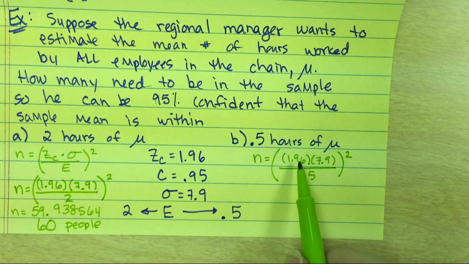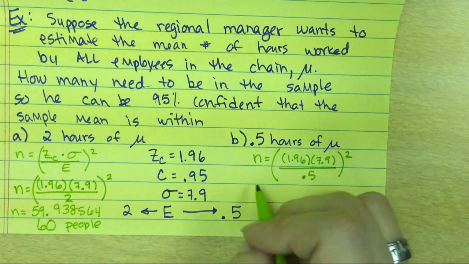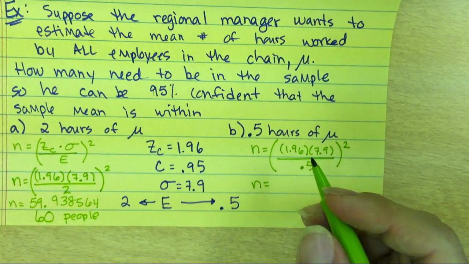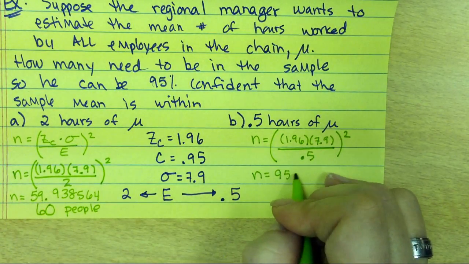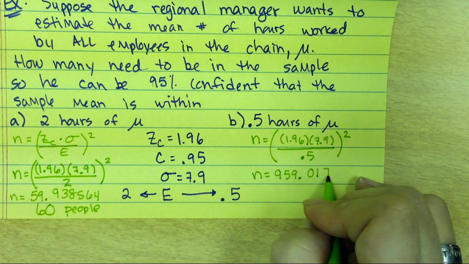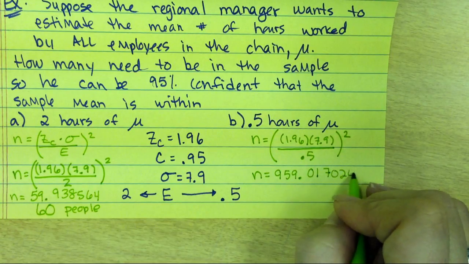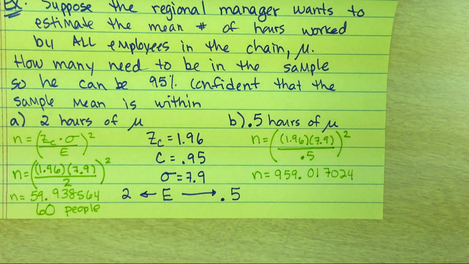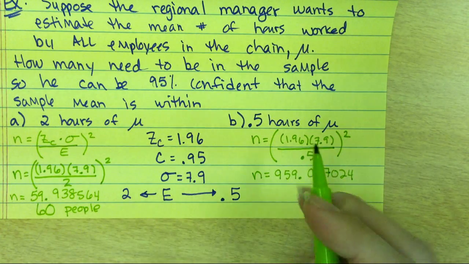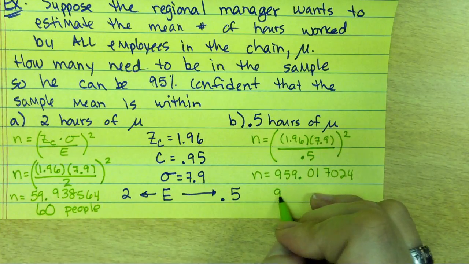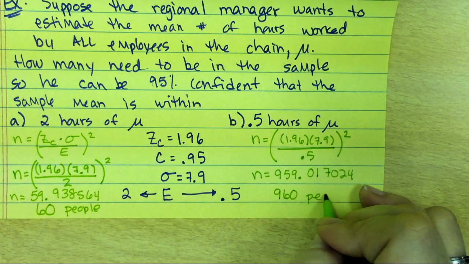So I take 1.96 times 7.9, divide by 0.5, and then square that answer. And we get 959.017024. That's the minimum number of people that I would have to ask. So since it's more than 959 at minimum, I have to still round that up, and I have to ask 960 people.